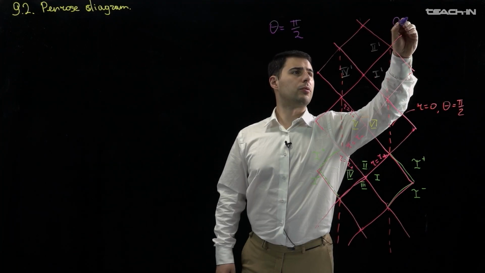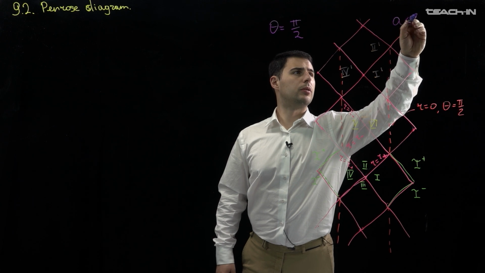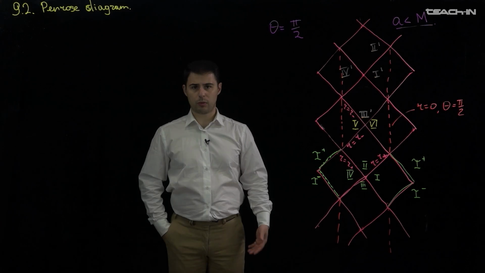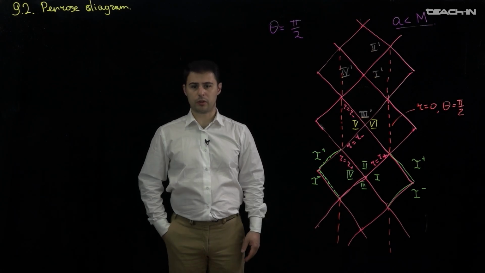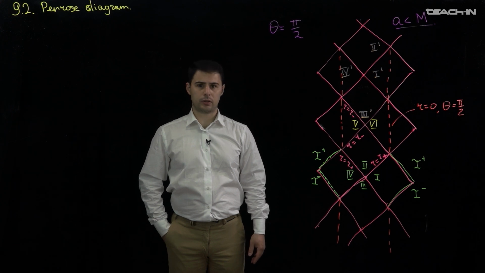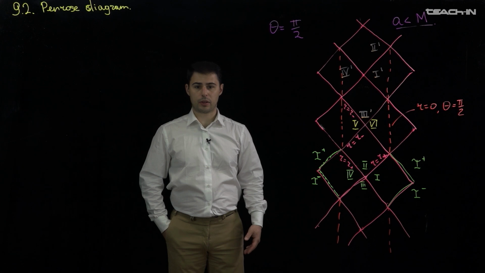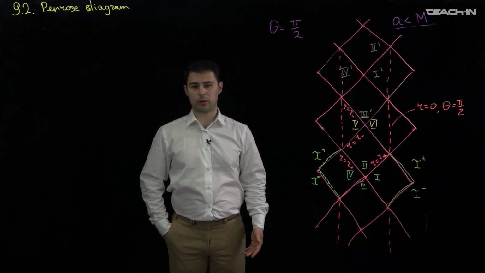This is of course the Penrose diagram for the non-extremal black hole. For extremal black holes, the geometry similarly exhibits an infinite throat, and the single horizon becomes the Cauchy horizon.